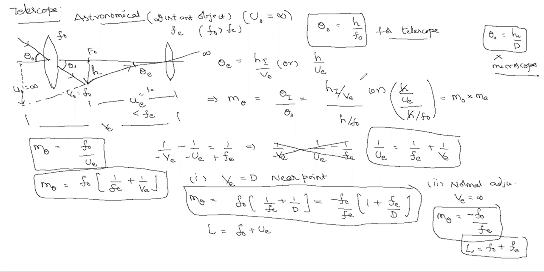If you take theta I as HI by V, into FO by H, you just write it as HI by H, FO by U, FO by V. FO is V naught, so V naught by V. This looks like height of image by height of object for the eyepiece, ME.